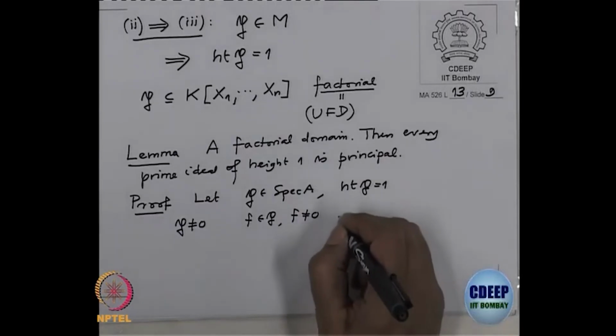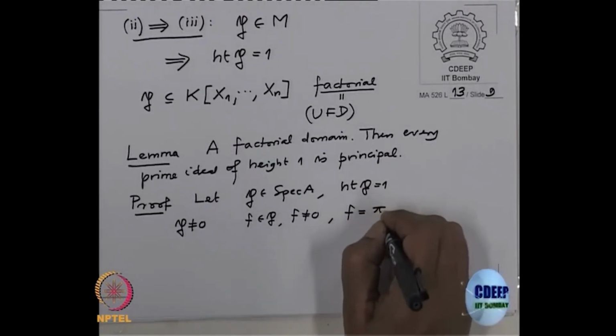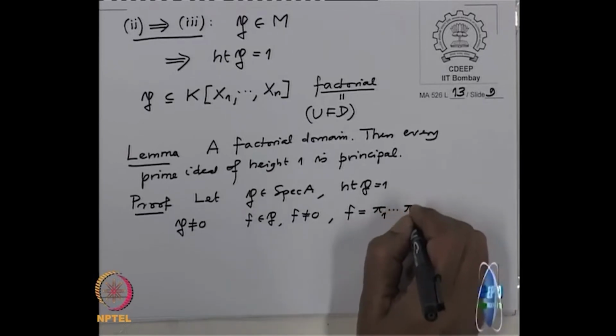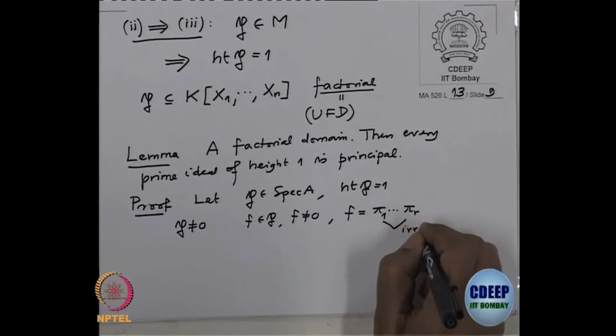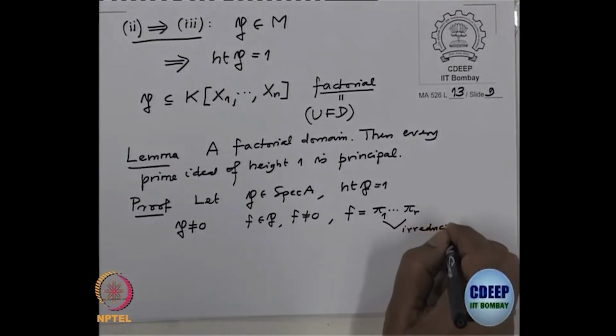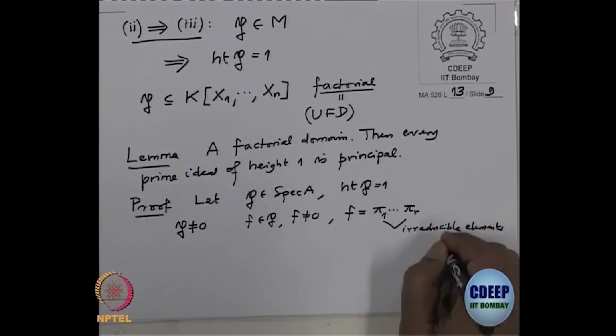So, the small f, I can write it as pi 1 to pi r, where these are irreducible elements in A.